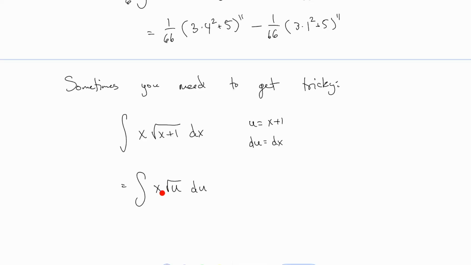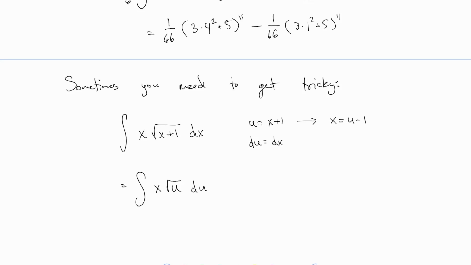And we see what to do? He actually said it a moment ago, yeah? Yeah, so you can see the x up here now. This is weird, but in some examples, you've got to do this weird thing. I am going to subtract the 1 there to solve for x here. X equals u minus 1.